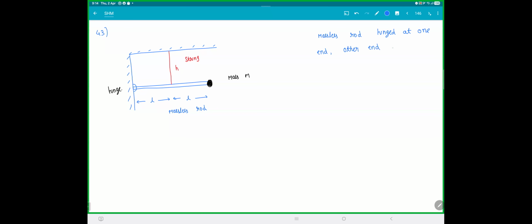The other end is attached to a mass. And a string is tied to the ceiling from the center of the rod.